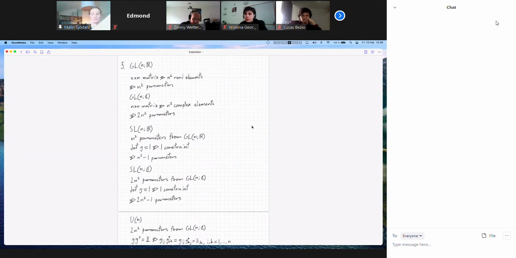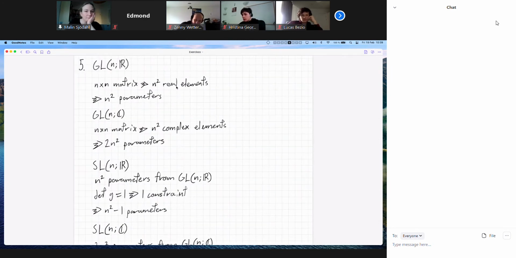Can you see my screen? Yes. So in this question, we were asked to find the number of free parameters for a number of different groups. So if we start with the general linear group with real elements, we have an n times n matrix, which means we have n squared real elements.